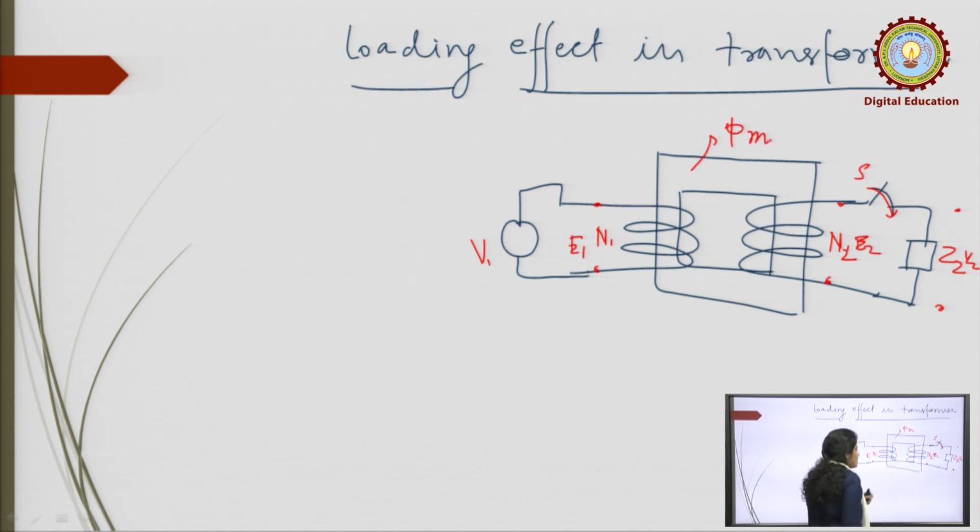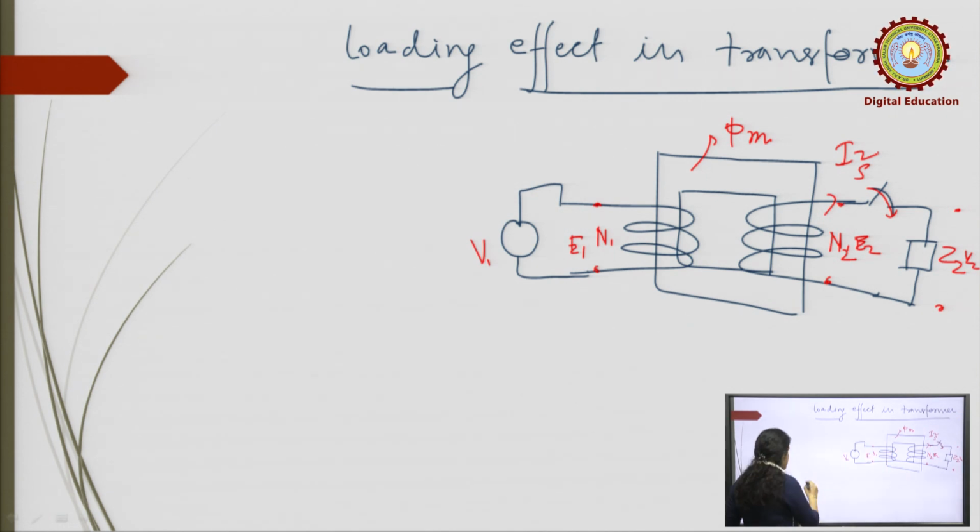When the switch is open, the flux maintained by the core is phi m. As your switch is on, the current I2 will flow, and that will create an MMF.